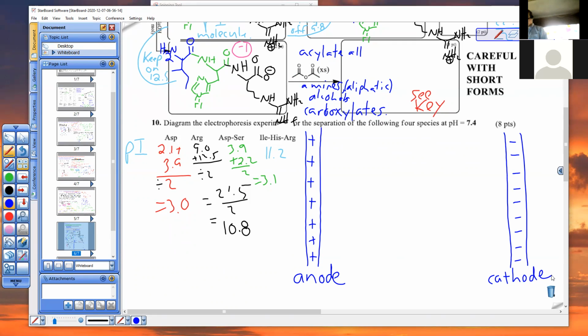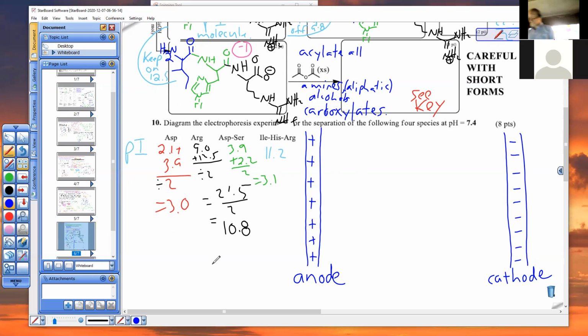And ideally, you want to separate these so they're spread out as much as possible in between the two electrodes. So what would be a nice pH to separate these things as nicely as possible? Well, what are our extremes? 11.2 is the high and the low is 3.0. So what's half of 14? 7.